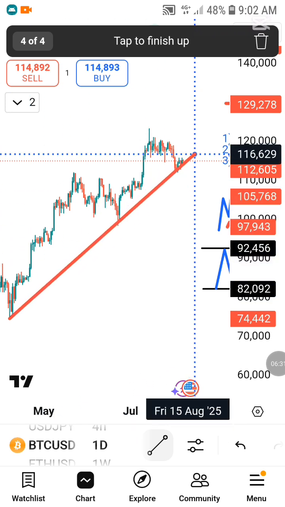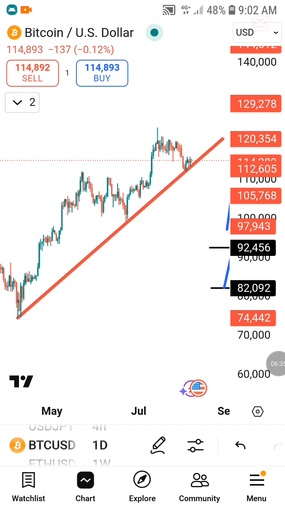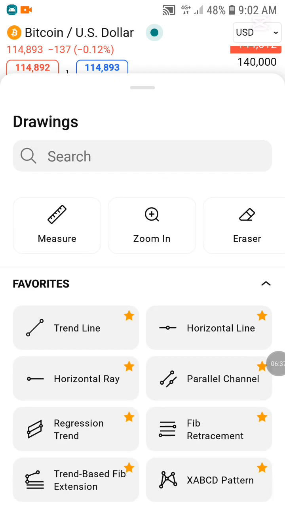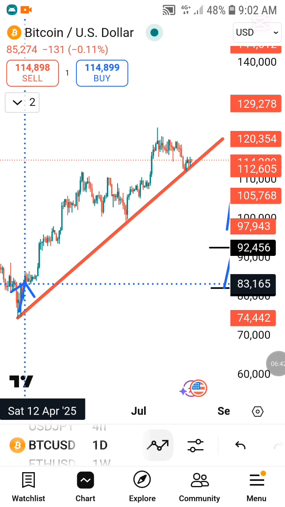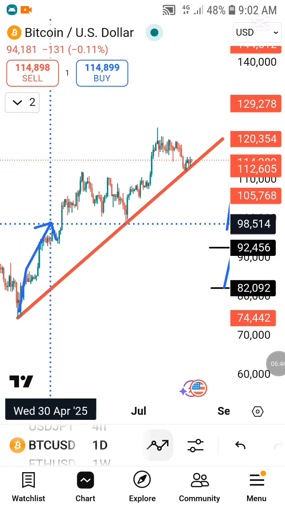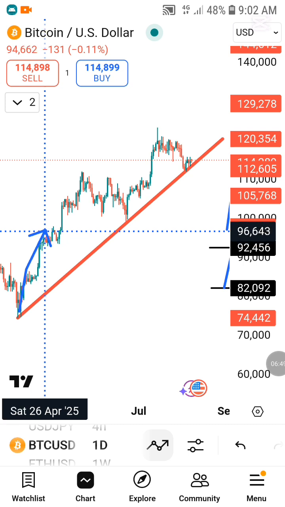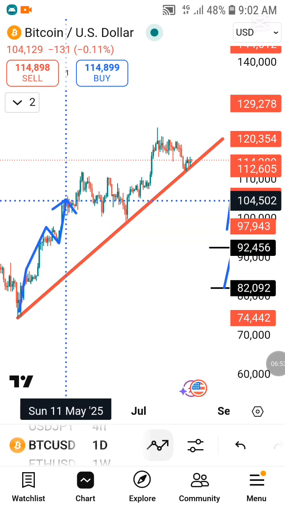Can you see a bullish structure? Because the market is creating higher high and then higher low, higher high. You see, the market is creating higher high and then higher low. Higher low, then higher high. Can you see?